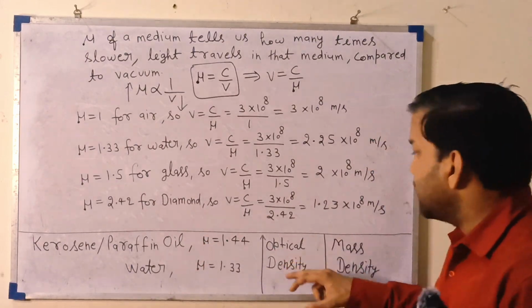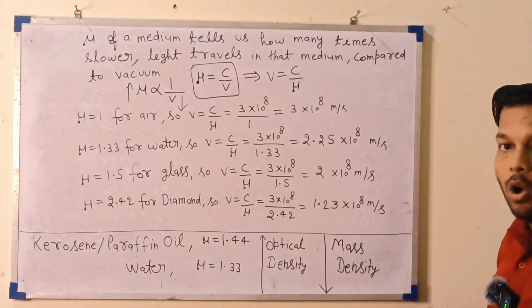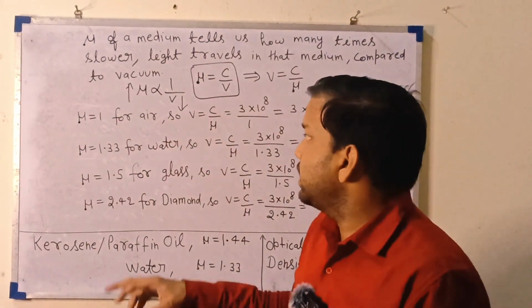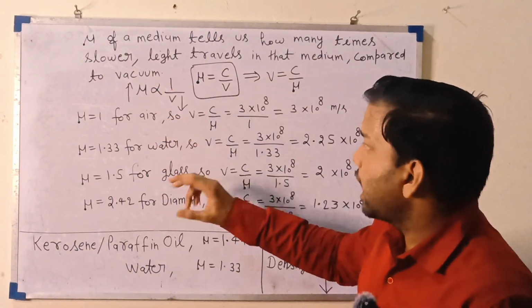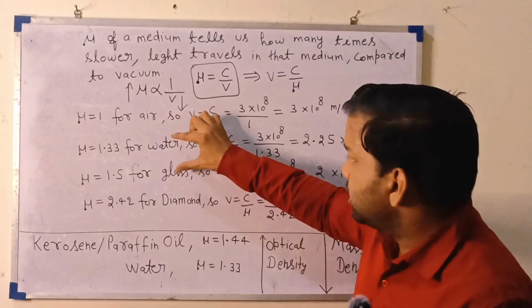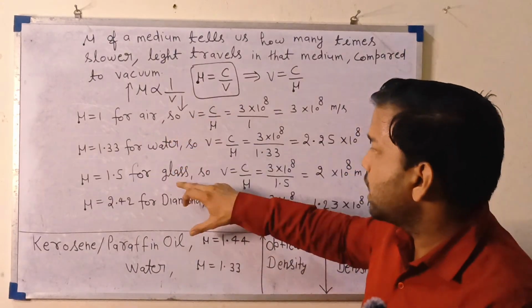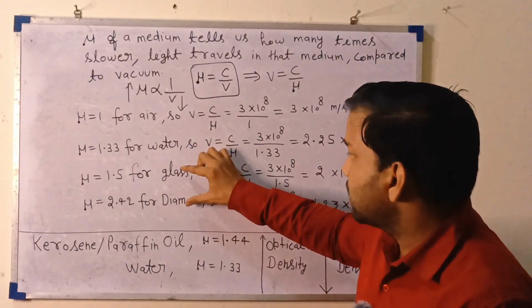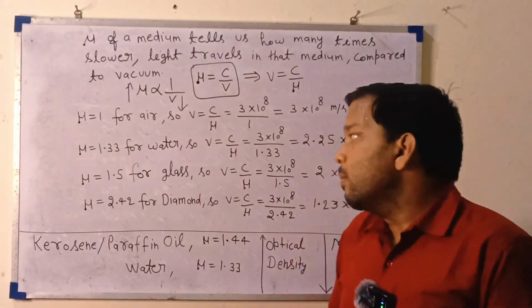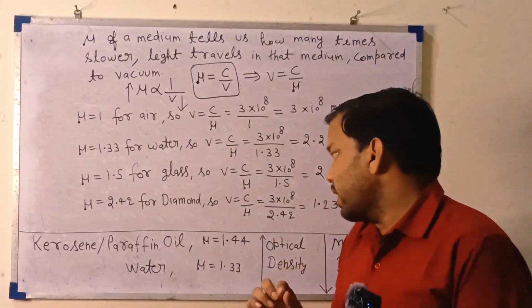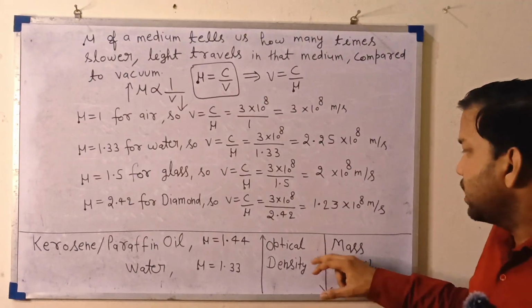But this is about optical density, not mass density. Although the mass density is greater in these cases, the mass density is higher for water, for glass, and for diamond. Yeah, we know, it is obvious, but the real fact is about optical density.